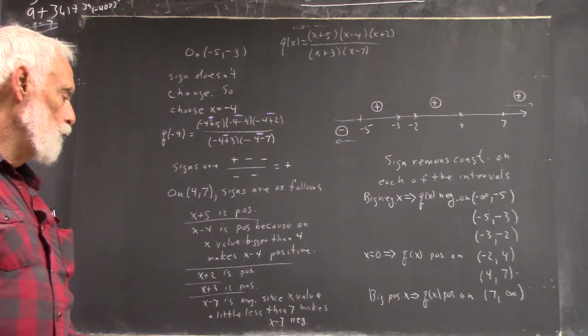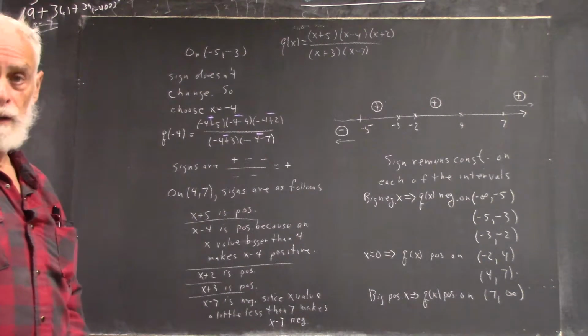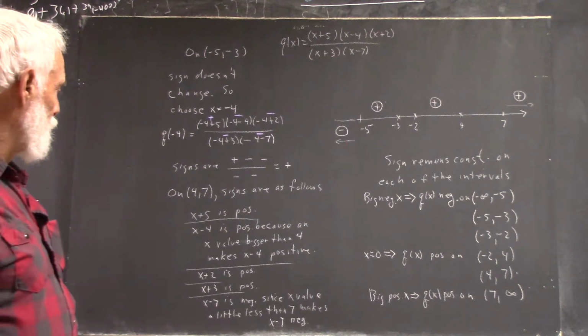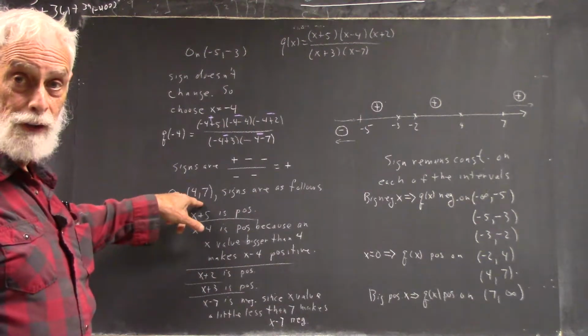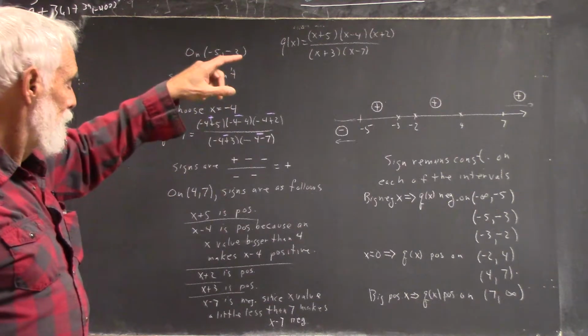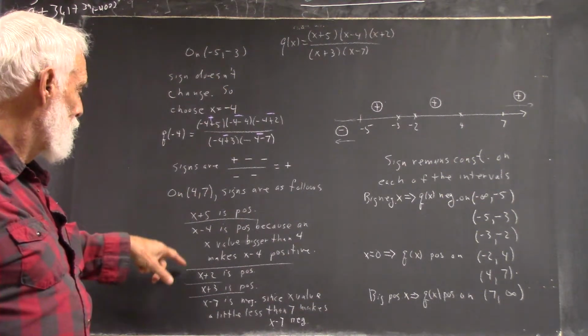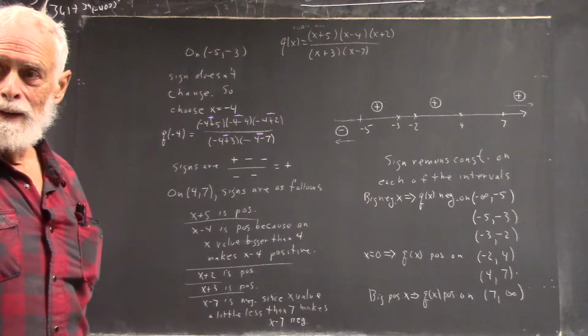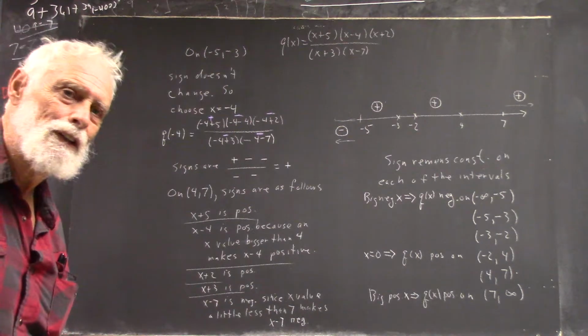You don't really want to have to go to a calculator and say, okay, pick a number between 4 and 7, 5. Evaluate x minus 4. Evaluate each one of these for x equals 5, punch it in your calculator, get the number. You're not thinking about anything.